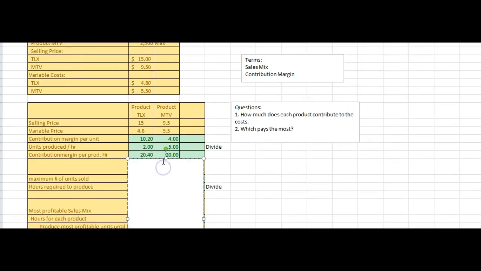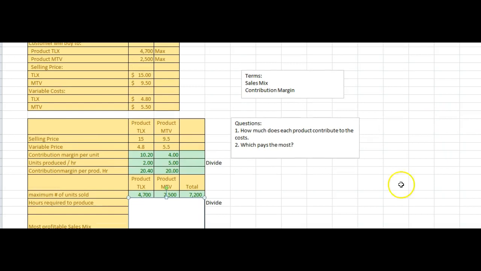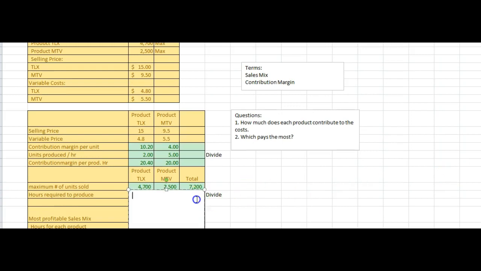So how many of these things will they buy? What's the max? The max was 4,700, right? So if I do the max on both of them, I come up with a total of 7,200 units. And how many hours would it take to make each of them?